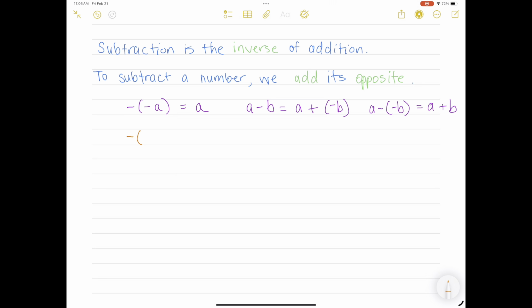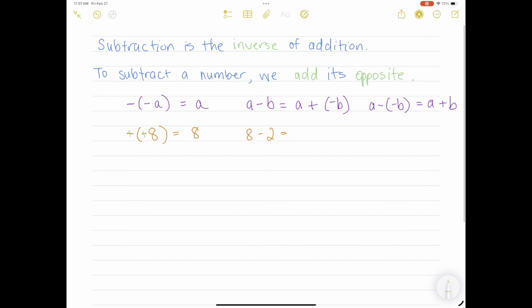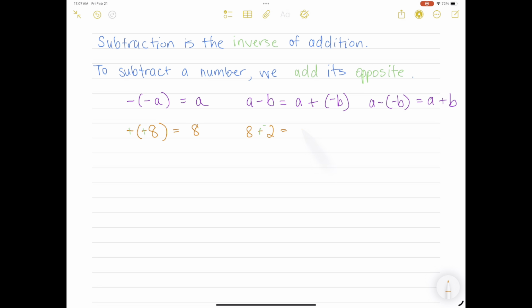So for numerical examples, the negative of negative 8 is positive 8. 8 minus 2 equals 8 plus negative 2, which equals 6. And with 8 minus negative 2, we add its opposite, which gives us 8 plus 2, which equals 10.